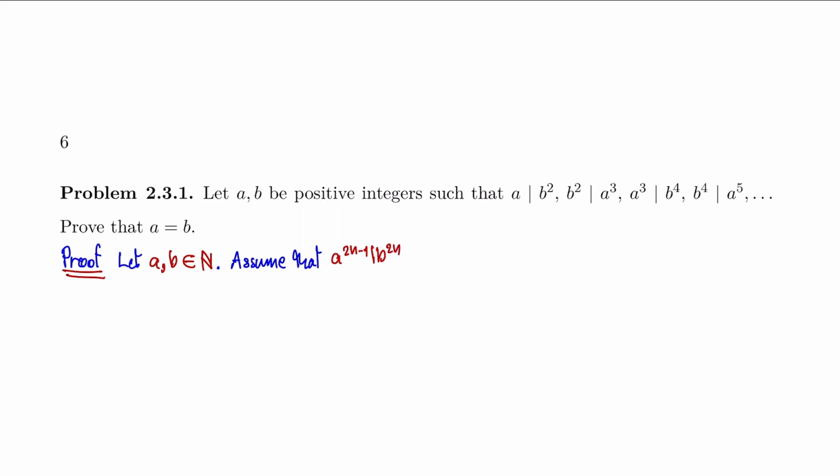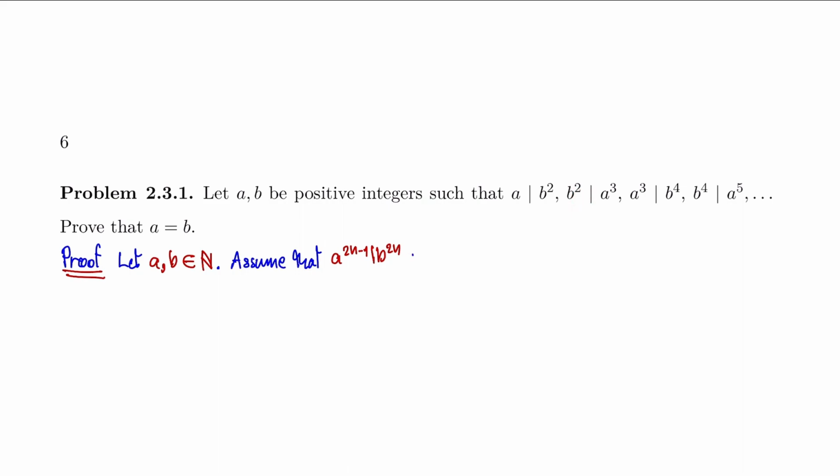And when we look at the exponent of a, we have b squared divides a cubed, b to the fourth divides a to the 5, and b to the 6 divides a to the 7. So we need to start with an even exponent of b.